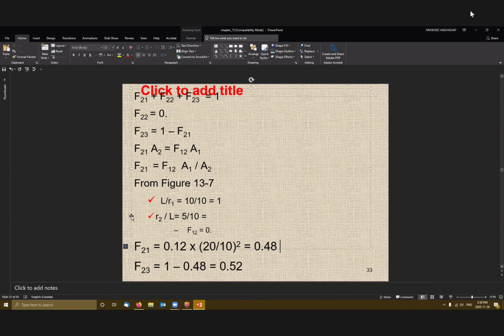I believe it was the notation that's giving this one. Yeah, it's my bad. I used diameter instead of radius. This one is L over R1, and this one is R over L2. Yeah. Happy ending.